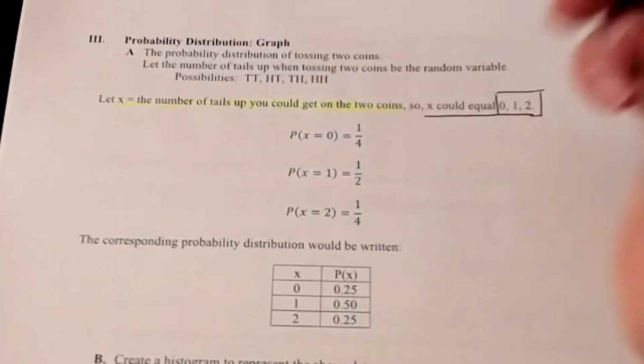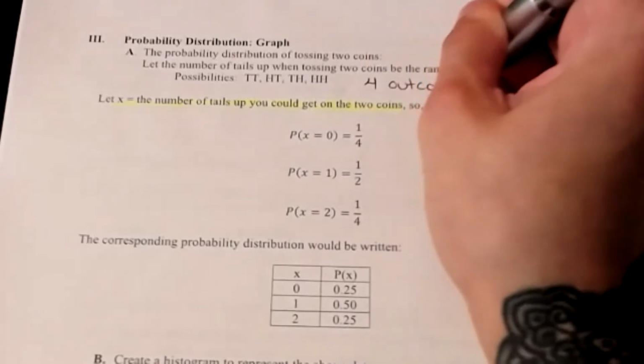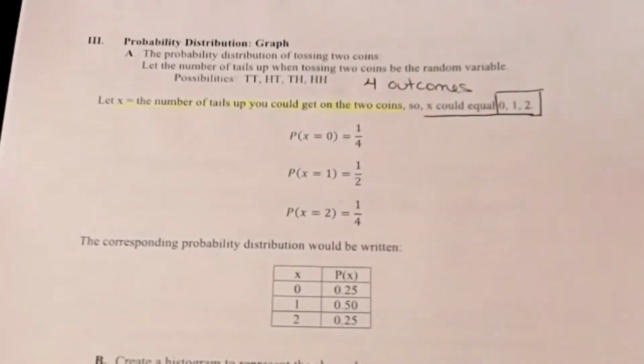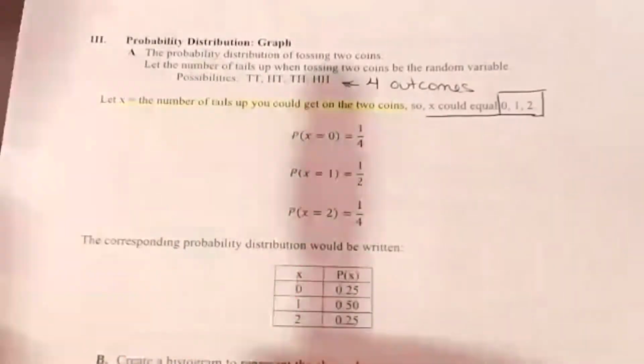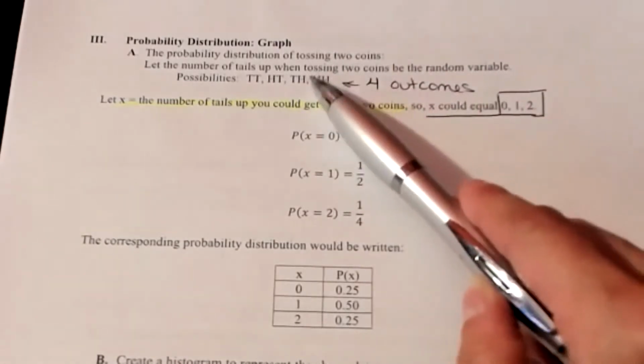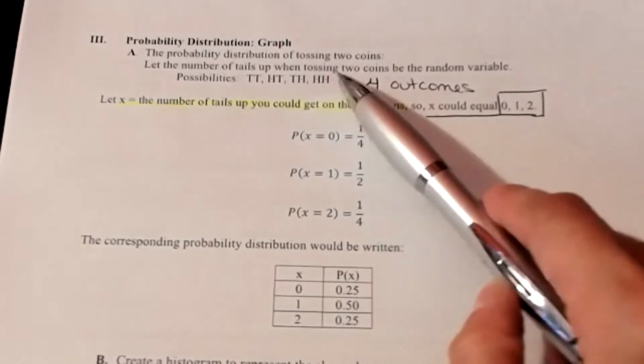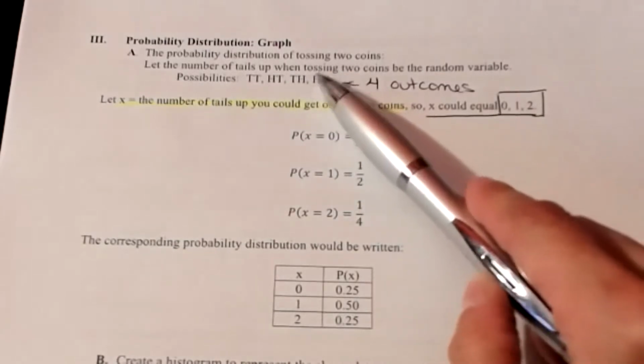I'm going to make a note of that. There are 4 outcomes, right? The 4 outcomes are listed here for you. So the probability that no tails appears is 1 outcome out of the 4. This is the only outcome that has no tails up.